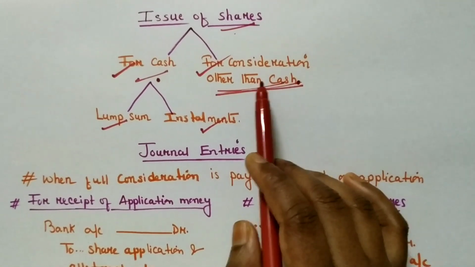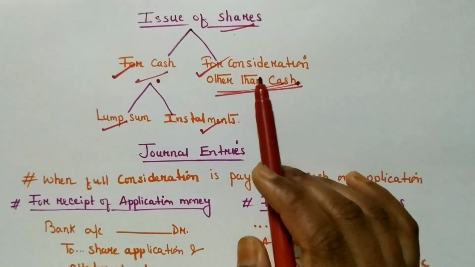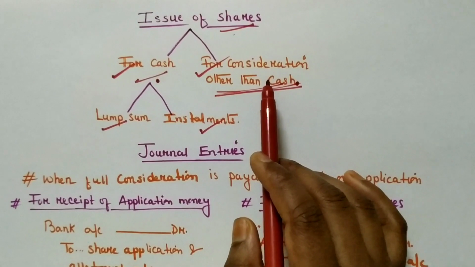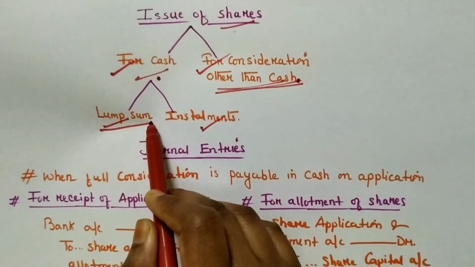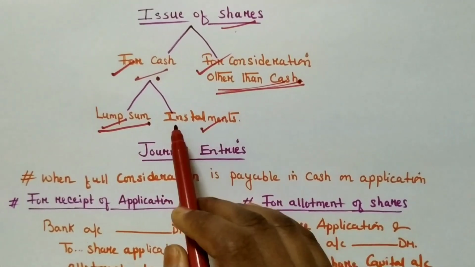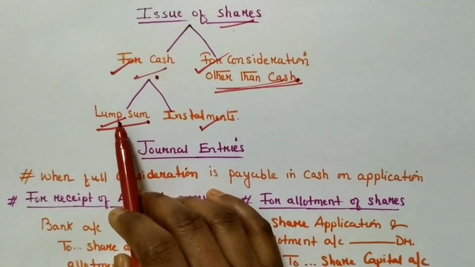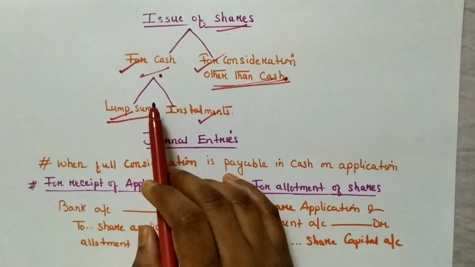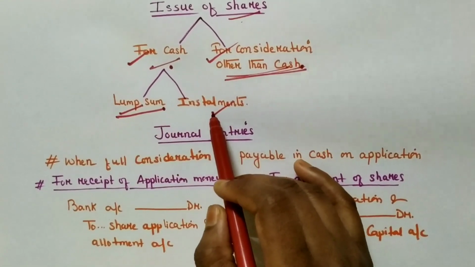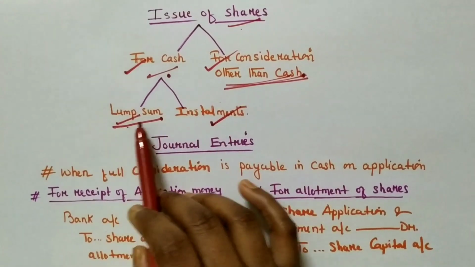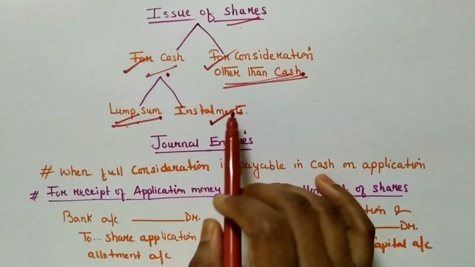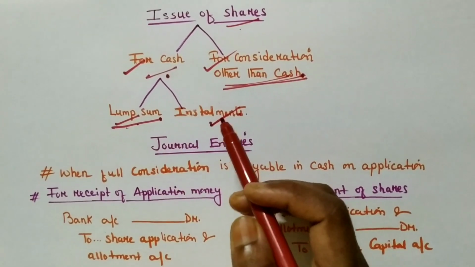Now, when shares are issued for cash, then it may be of two forms, that is lump sum, or you can say the total money received at a time, or in installments. Now, we will learn both the cases along with their journal entries.